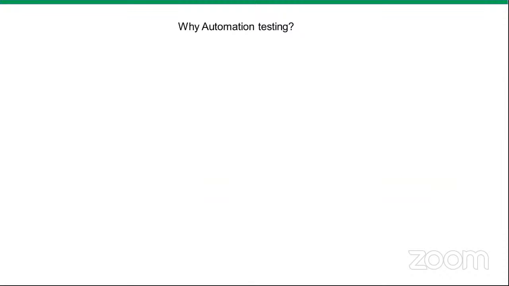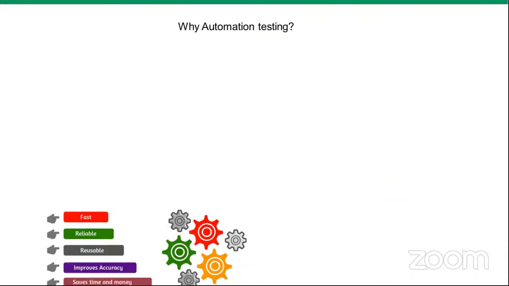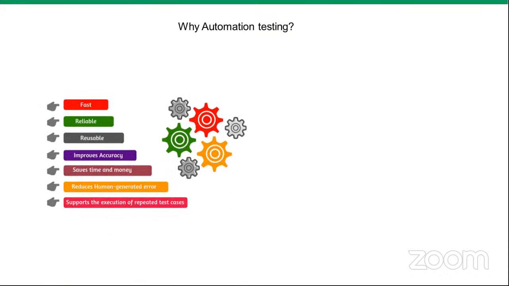The next question is, why automation testing? There are a lot of reasons why we should use automation in any project. Automation is always fast; testing becomes faster when automation is brought in. It is highly reliable. The scripts you create through automation are highly reusable.